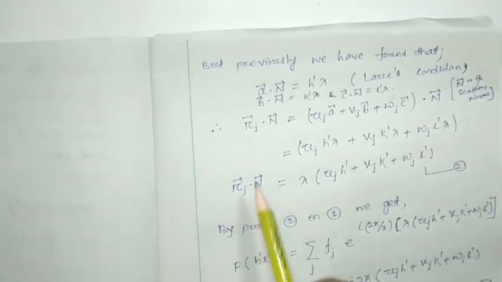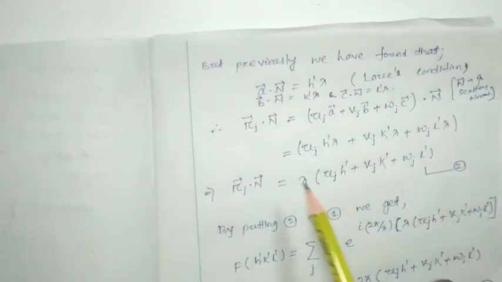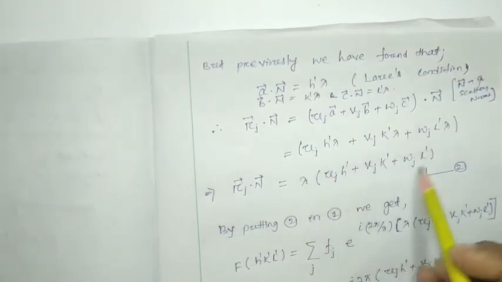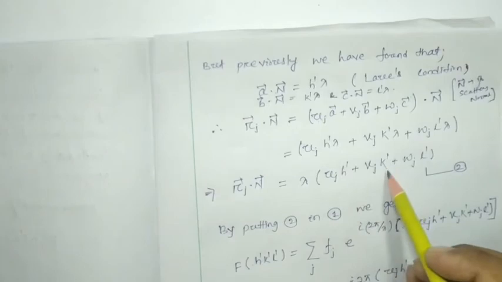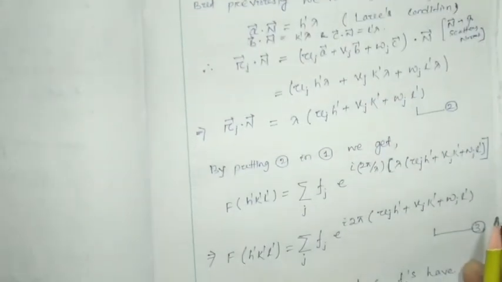That implies rj dot n will be equal to lambda times, in brackets, uj h dash plus vj k dash plus wj l dash. Let this be equation number 1.